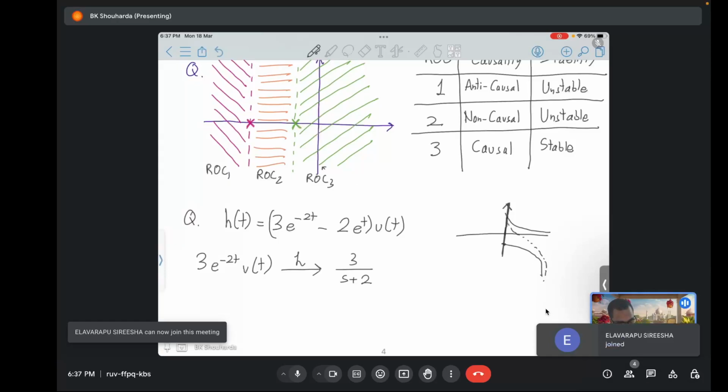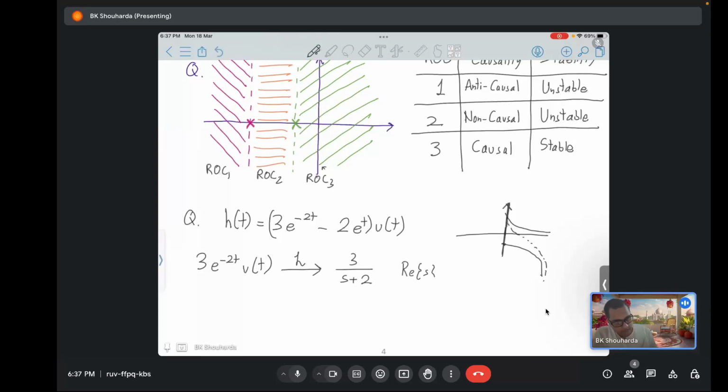So 3 upon s plus 2 will have the region of convergence real part of s greater than minus 2. Okay, it will be something like this.